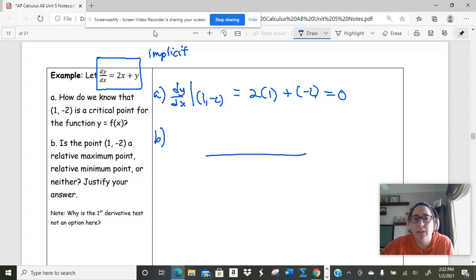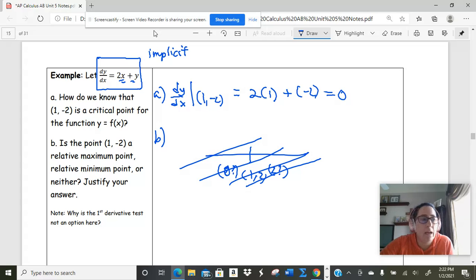If I wanted to set up a number line with an x value of 1, and pick maybe 0 and 2 before and after, I can't just plug them into that first derivative because I need to know a point. Like this is -2, and I have no idea what those points are. So this is out, okay? I have to do the second derivative test here. Have to. So go find that second derivative.